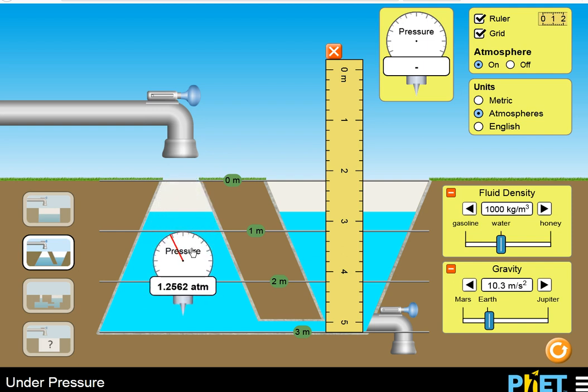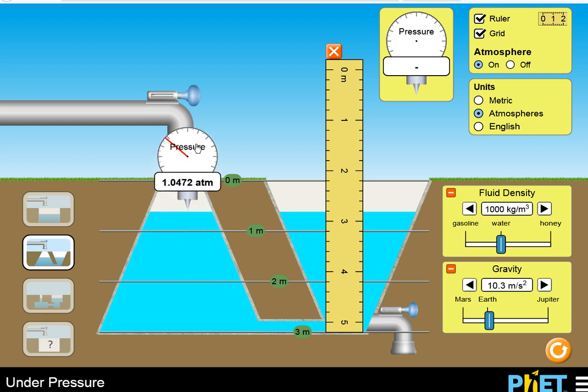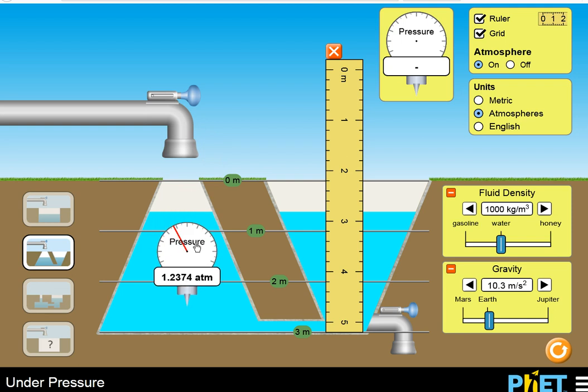This is actually total pressure, which includes gauge pressure and atmospheric pressure. Atmospheric pressure is 1 atmosphere. Total pressure at this depth, 5 meters, is 1.27 atmospheres, which means the gauge pressure due to the liquid is 0.27 atmospheres.